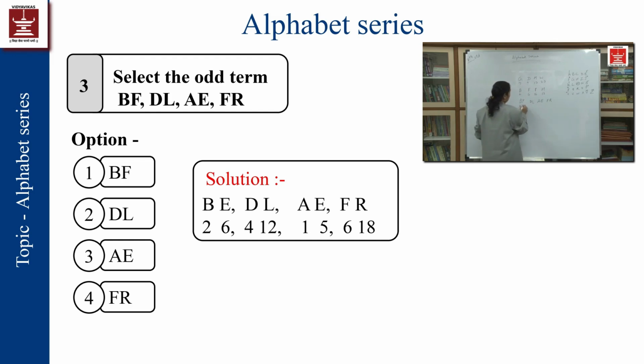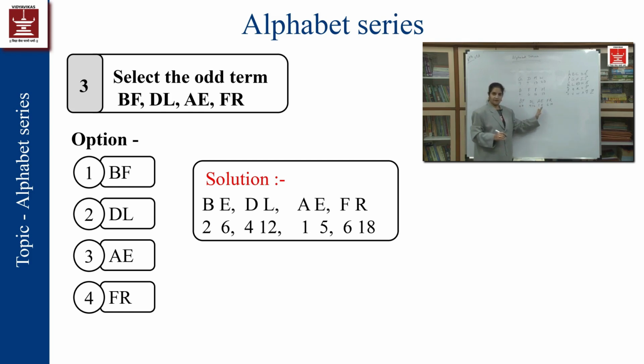So we'll write the positions: 2, 6, 4, L is 12, A is 1, E is 5, F is 6 and R is 18. Now if you look at this separately, one is even and the other is odd.